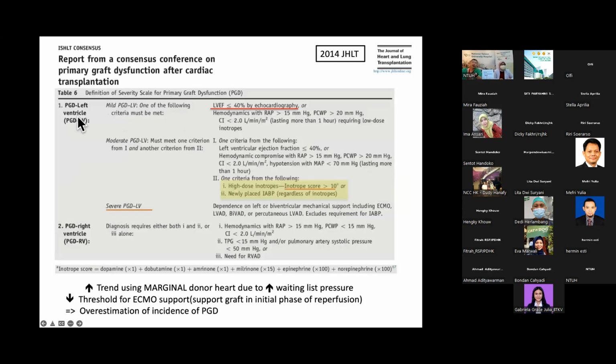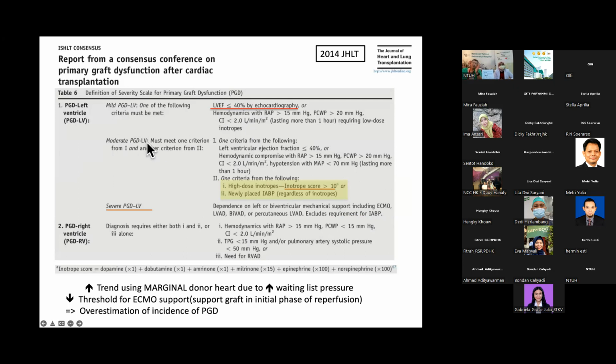Okay, as for the left side, you can see there's mild graft failure or moderate graft failure. Usually, if the EF is less than 40, we call it mild.